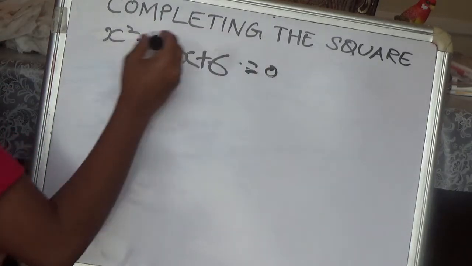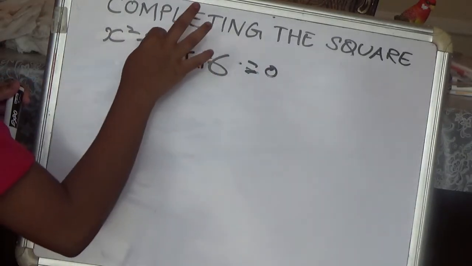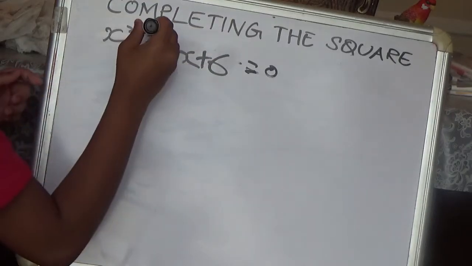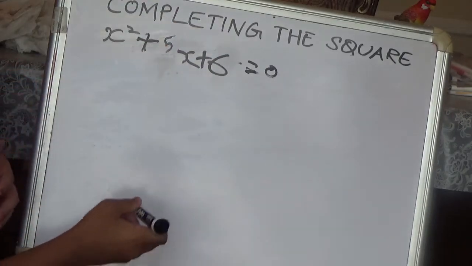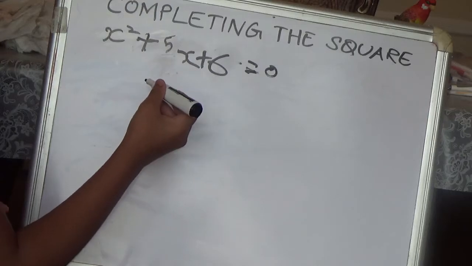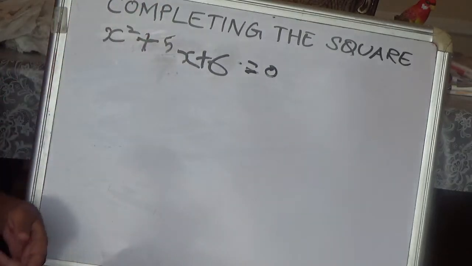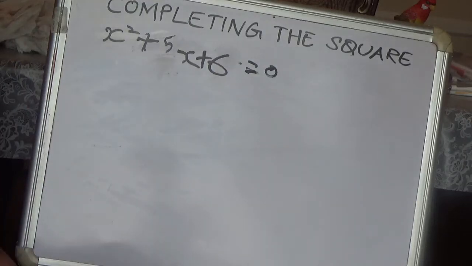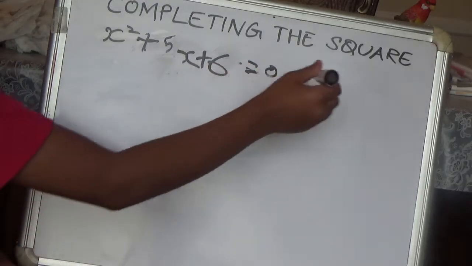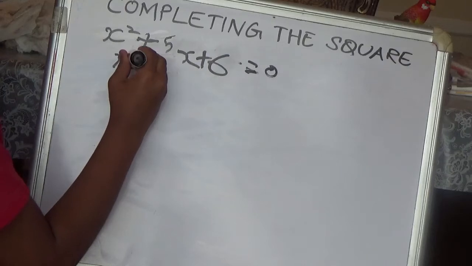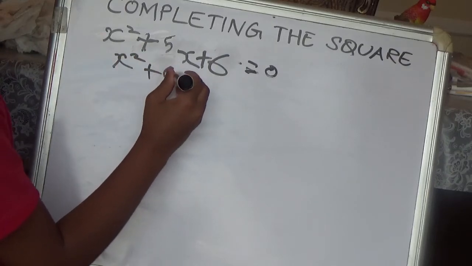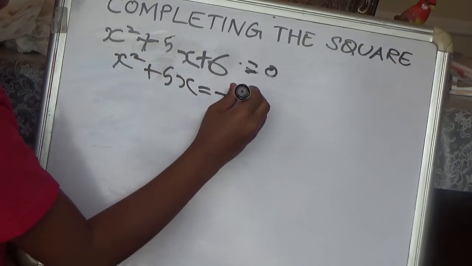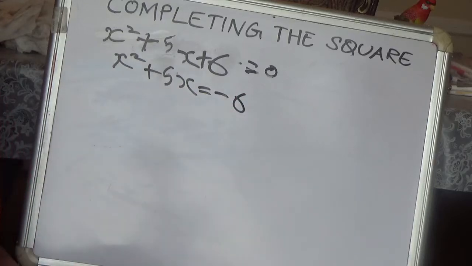So there are 2 steps to prepare the quadratic. The first step: we don't have to do anything because the coefficient is 1. The second step is to move the constant to the right side. So you get x squared plus 5x equals -6.